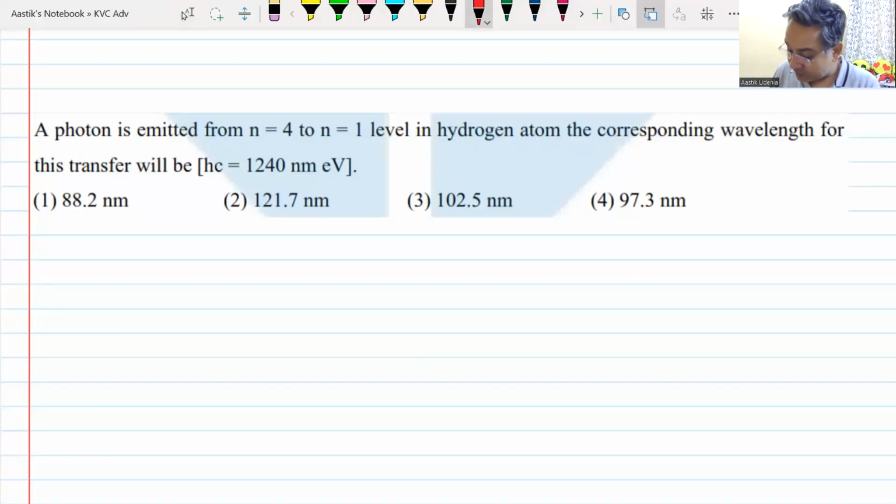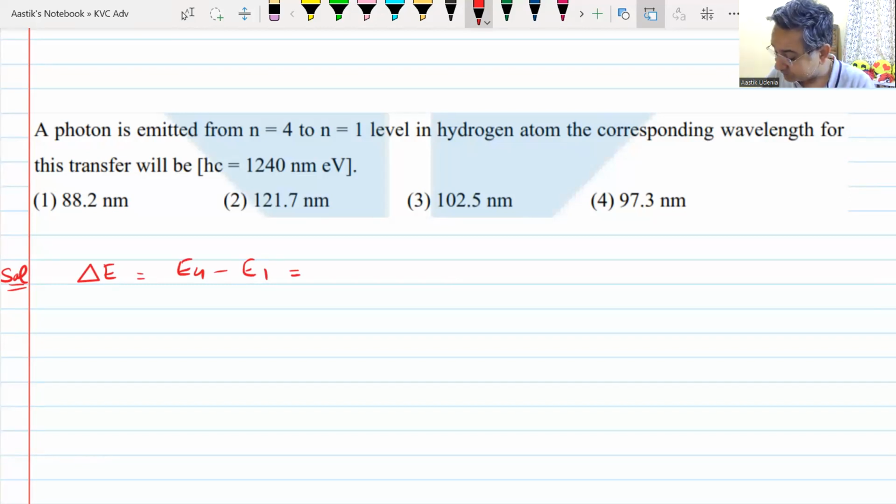So how are we going to get this? Remember, the difference in energy is delta E. That will be equal to the energy at the fourth level minus the energy at the first level. You have to find the corresponding wavelength.